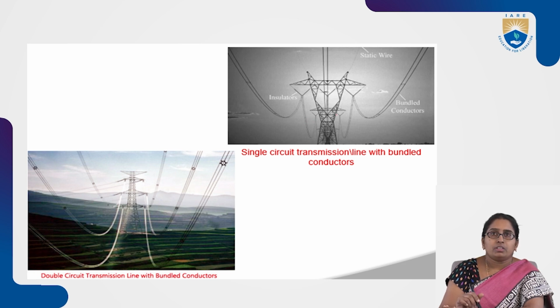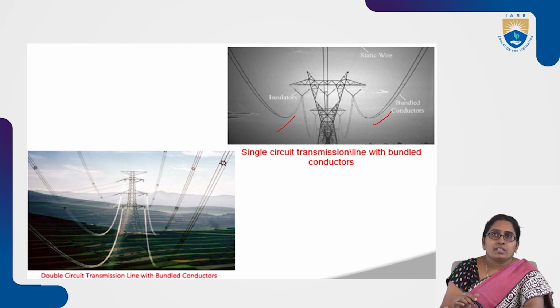Single phase transmission line means the other one is a return path. So one conductor acts as a go conductor, the other one acts as a return conductor, and both are bundled conductors.